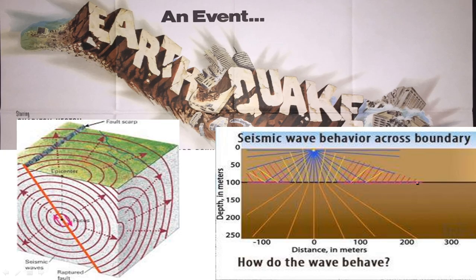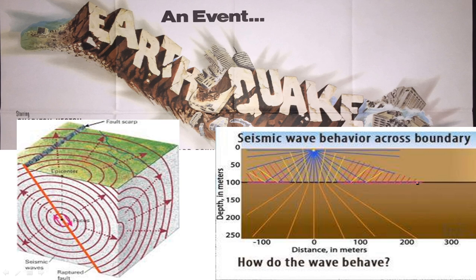So we need another method to know how is the interior of the Earth. Necesitamos otro método para saber cómo es el interior de la Tierra. So geologists used the movement of the seismic waves.